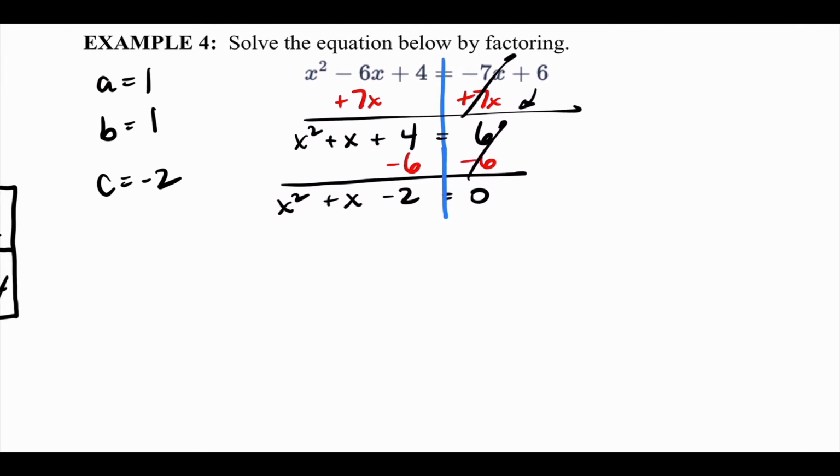Okay, so I got A, B, and C. Let me finish to catch up to where you guys are. Multiplication, addition. So I got negative 2 and positive 1. There's not a lot of numbers that multiply to be negative 2: negative 2 and positive 1, or negative 1 and positive 2. So which of those make positive 1? Negative 1 and positive 2.